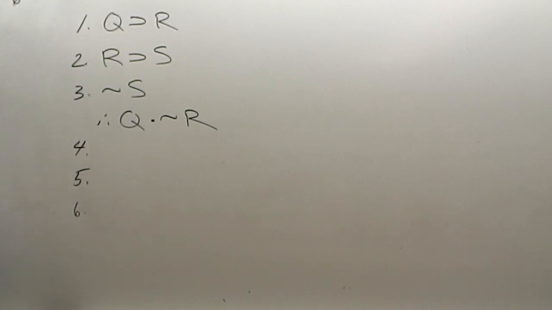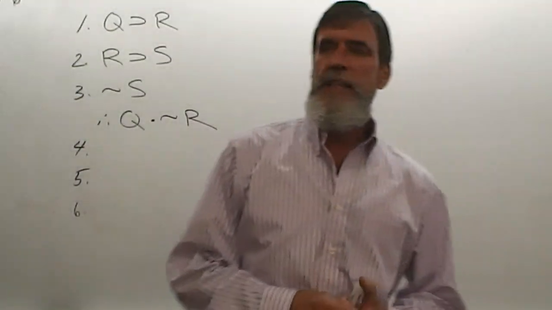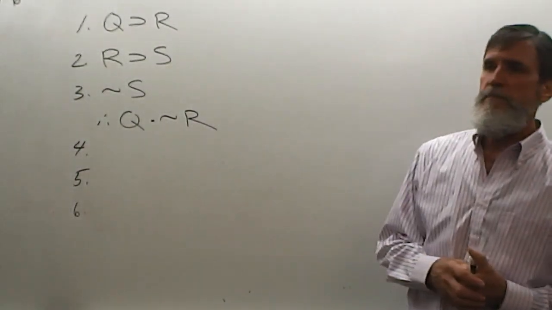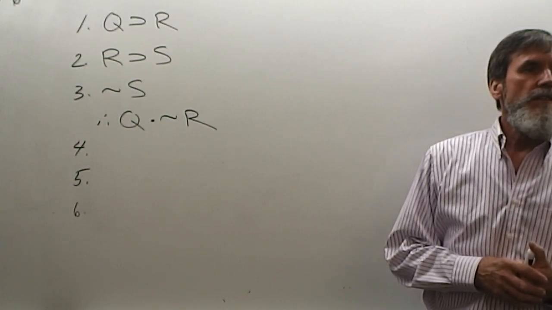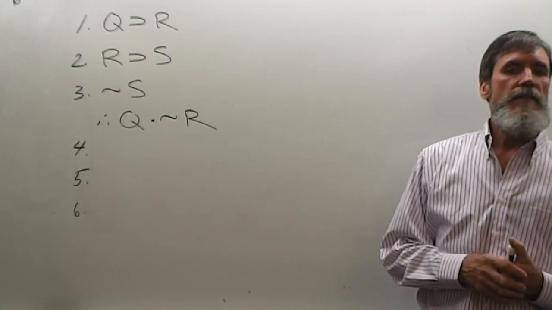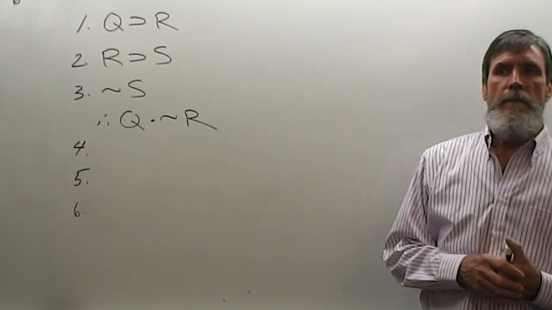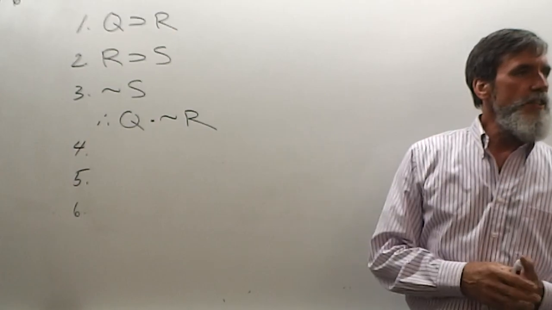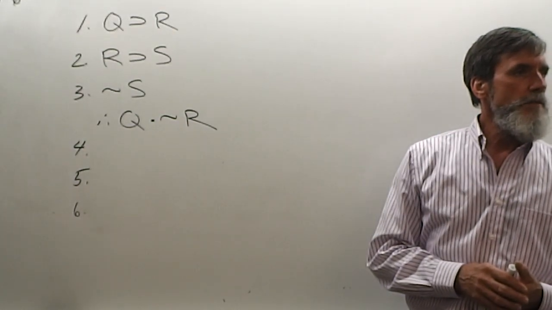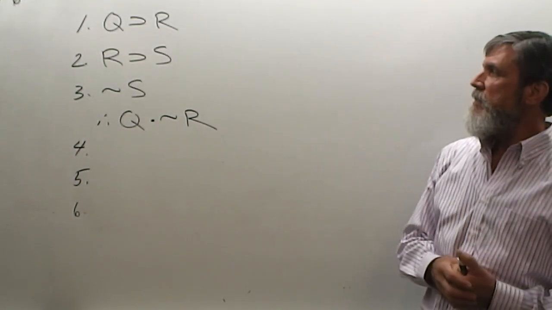Which one? Modus tollens. Tell me what we would conclude if we used them as modus tollens premises. Well, if you have the premises of modus tollens, you know what the conclusion will be. Curl R. There you go.